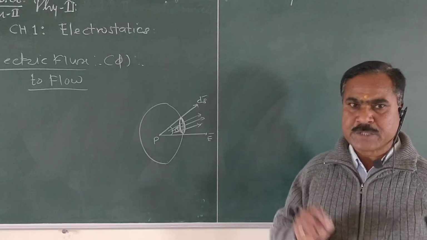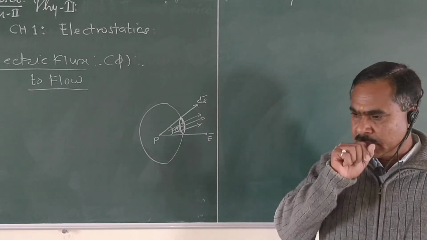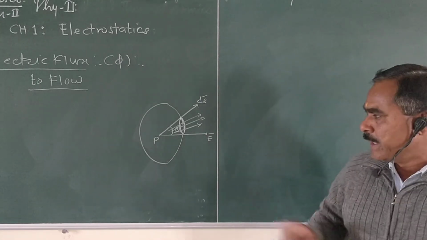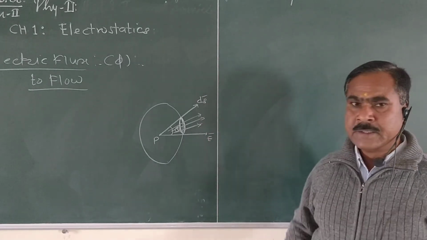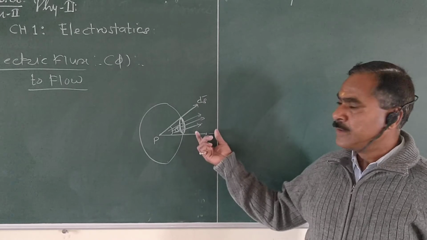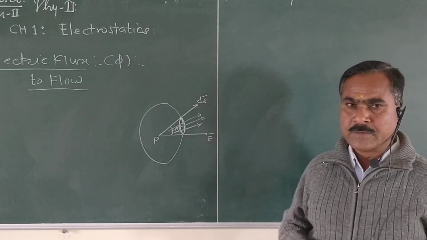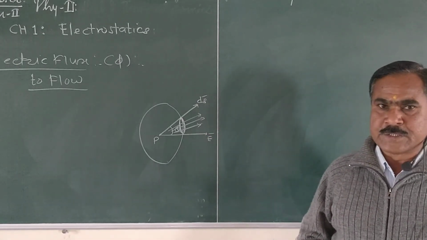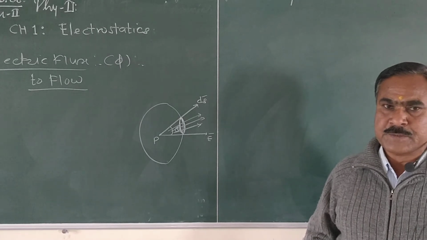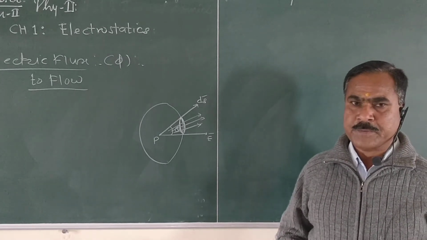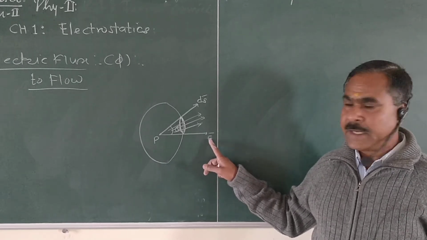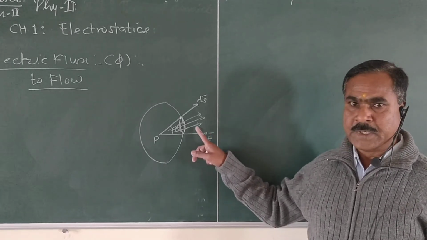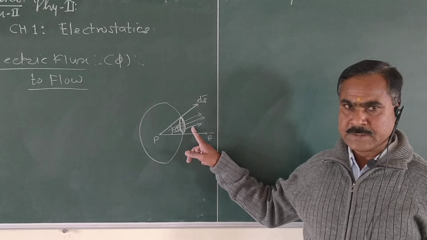That means when they pass through the surface, they always pass normally. This is called the electric flux. In other words, we also define electric flux as the product of the magnitude of electric intensity and the area of the surface.